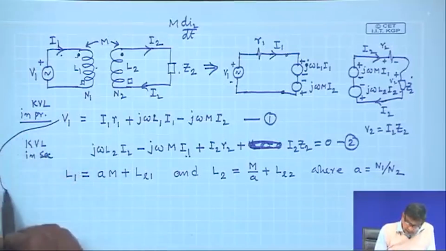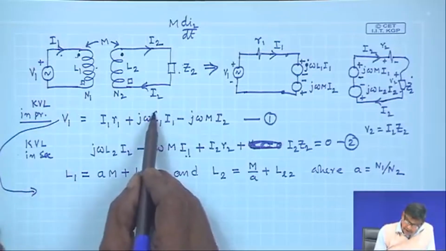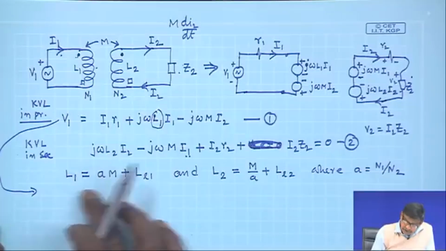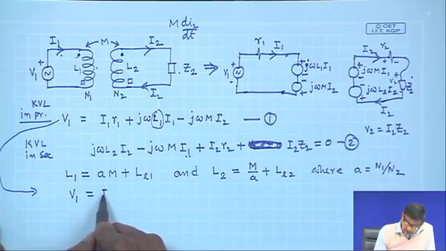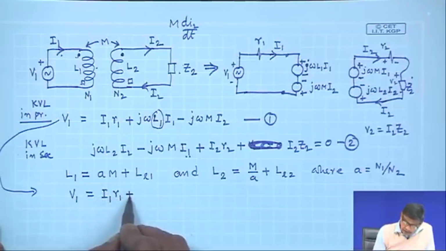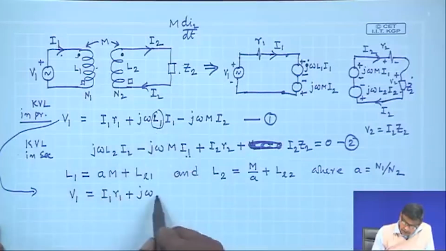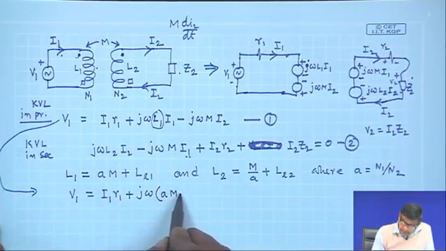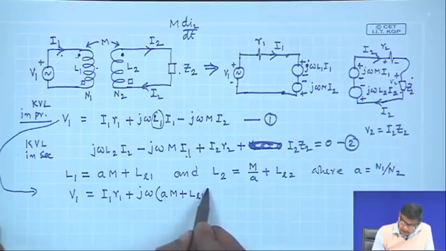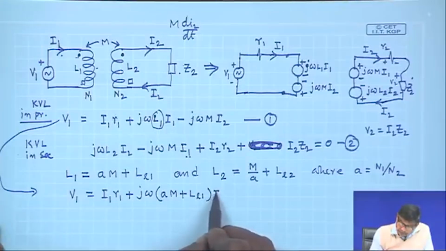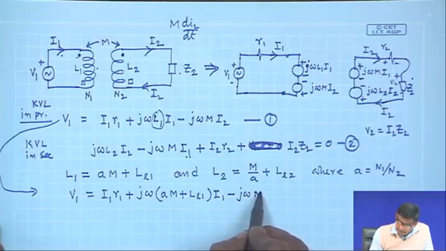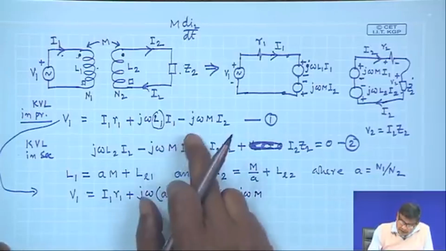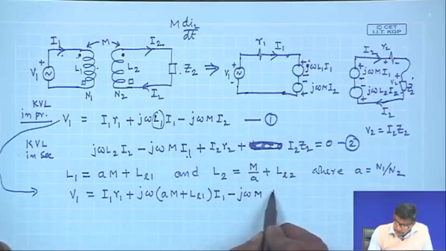So, let us take the first equation, and for this L 1 we will now put this expression. That is, V 1 applied voltage is equal to resistance drop I 1 R 1 plus j omega. For capital L 1 I will write A M plus L L 1 into I 1, and minus j omega M. Now, j omega M I 2 is there, I 2.